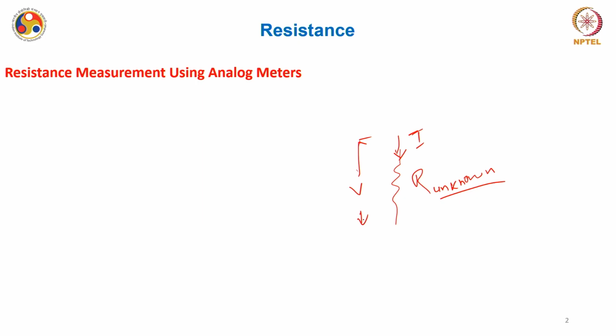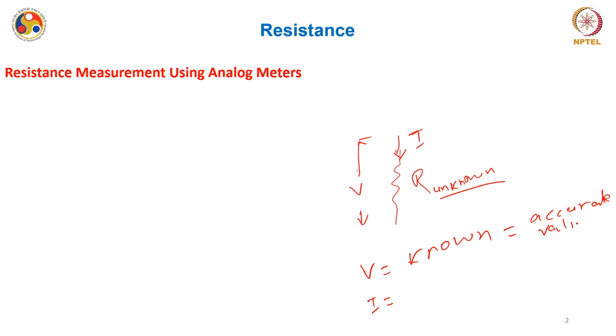And if I know the potential drop across this unknown resistor, say this voltage drop is known very accurately. Please note that we are discussing this measurement of resistance specifically because we want the measurement to be very accurate. So the voltage is known to a very accurate value.